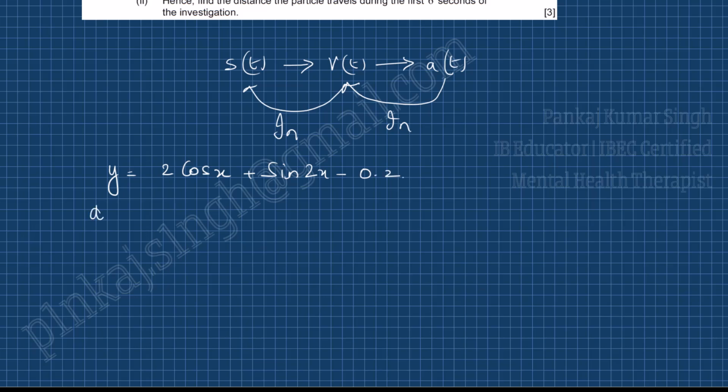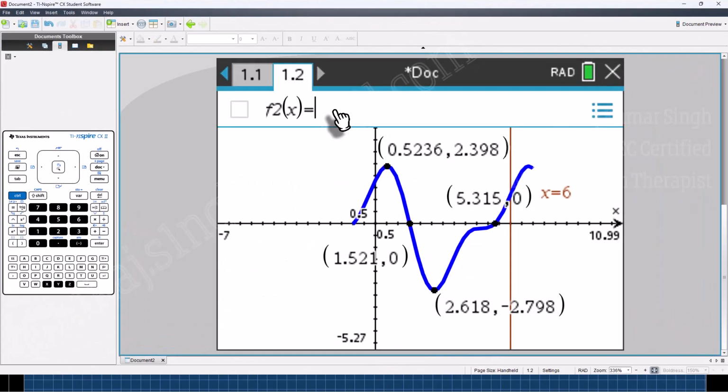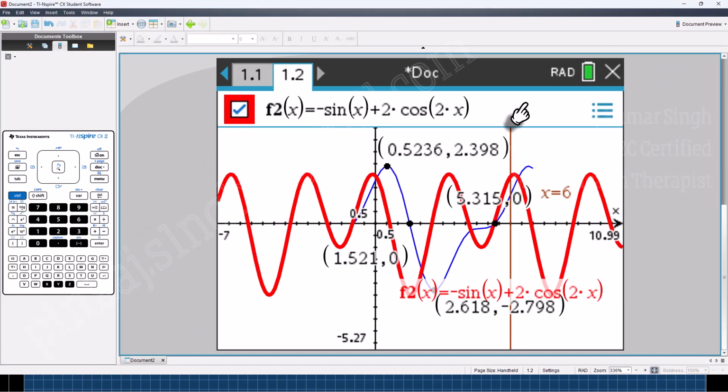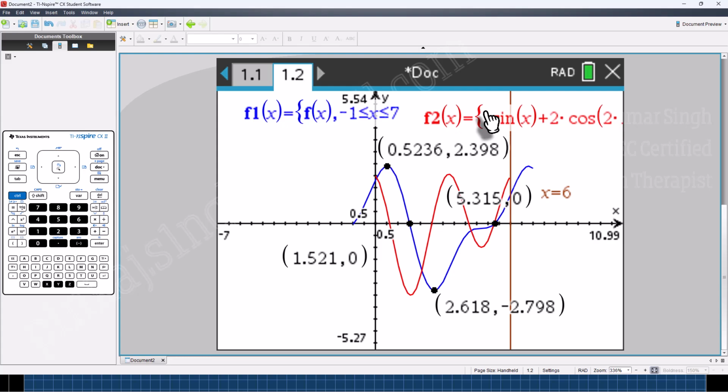When I differentiate this function, I will have negative 2 sine x plus 2 cos 2x. Let me go ahead and plot this curve. So that's my differentiated curve.